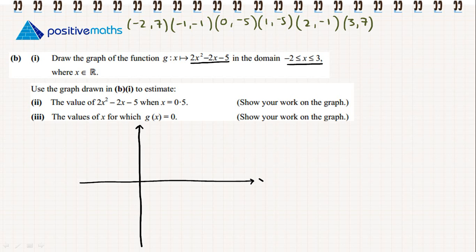First thing is to remember to label the x and y axis. Now we're going to fill in our numbers.